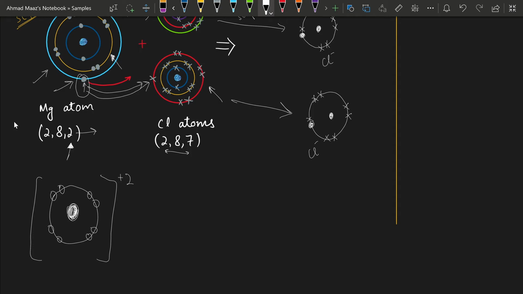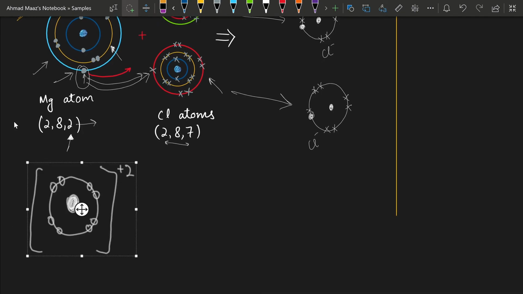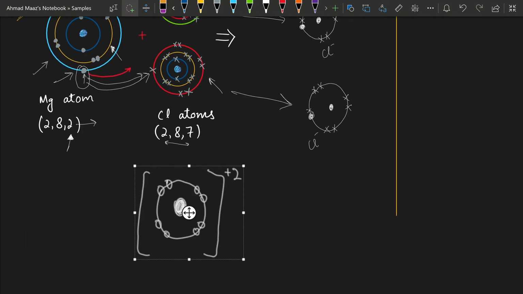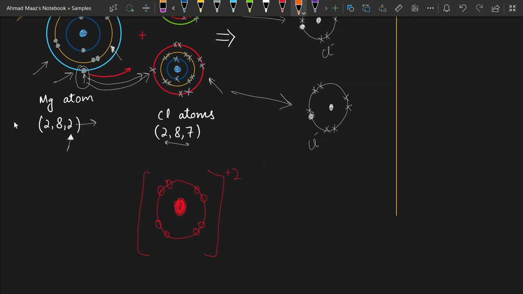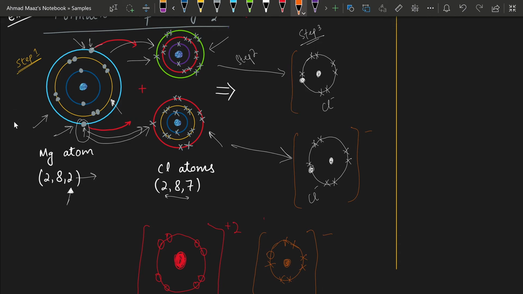Now these 2 chlorine atoms have each gained 1 electron. This is the electron from magnesium, and these crosses are the original electrons that they had, and they have a charge of -1 because they have one additional electron from magnesium.